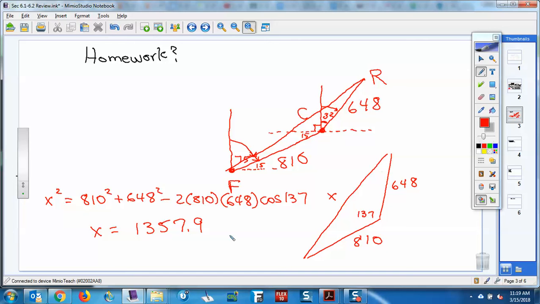Now, keep in mind that for the distances, the sides of the triangles, it's way more important to keep those numbers accurate as you go throughout the problem, okay? Because you end up squaring and stuff like that. With the angles, you're just doing the cosine and the sine. You do the sine of 137 or the cosine of 137 versus the cosine of 137.1, there's not that much difference when you do the sine and the cosine of those.